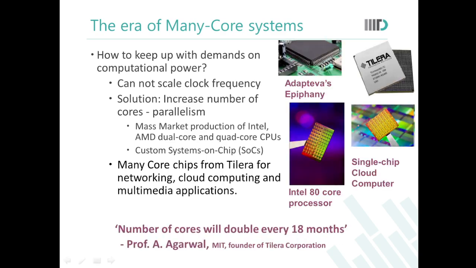All right. Now, just to give you a very quick overview of where we are in terms of many core systems. You might have already realized that from your laptop to your mobile, every processor is now multi-core, because, as mentioned, we can't run single processors any faster.